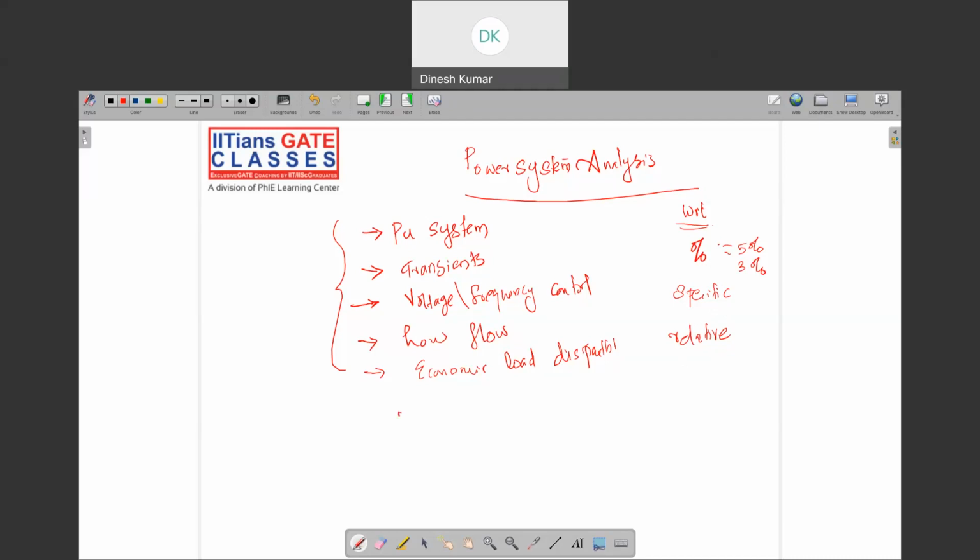A per unit quantity is a physical quantity expressed as a fraction of its base quantity. That is something very easy to understand.